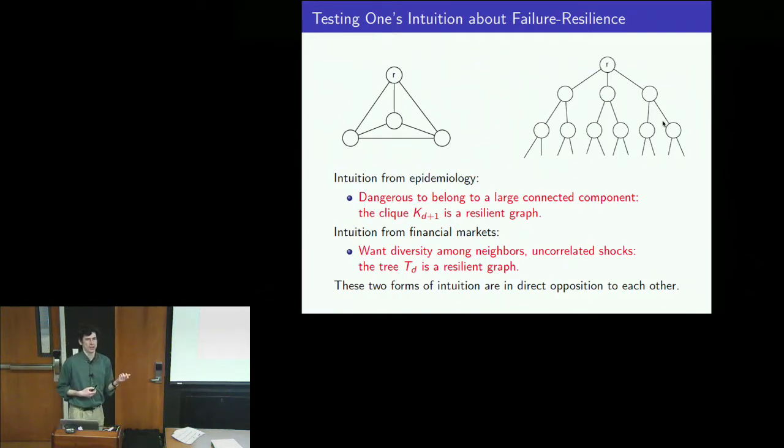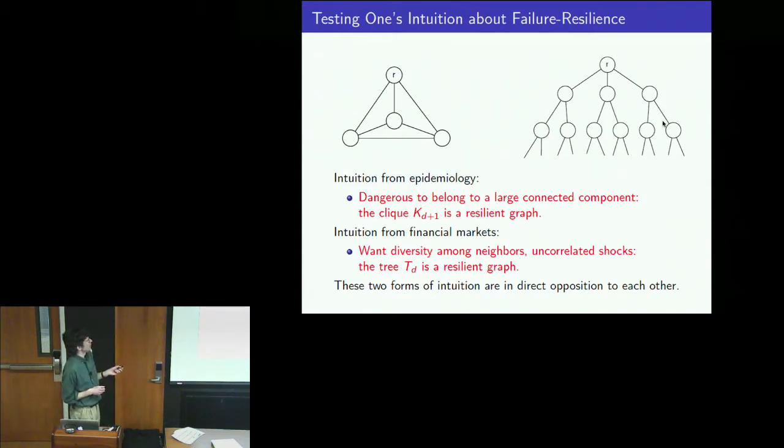David's intuition, the thing he was hoping to model in this whole thing, was totally different, from financial markets: you want diversity of your neighbors because you want uncorrelated shocks, right? So this person is exposed to 3 sources of danger, but at least those 3 sources of danger are completely separate, as in, conditional on what's happening to them, they're just independent things. And so, if you get weakened by shocks, then you really don't want to get a second shock.